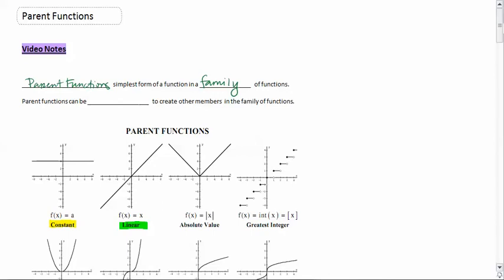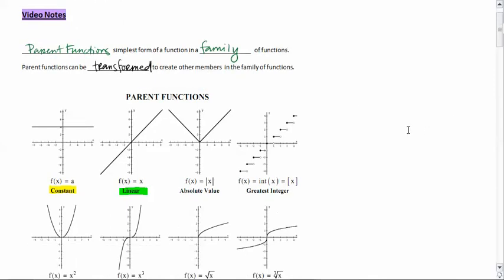So we talk about parent functions. They can be transformed to create other members in a family of functions. So that's what I was saying. We could move this f of x equals x. We could move that up and have another, f of x equals x plus 3, maybe that's what that looks like, or we could shift it.